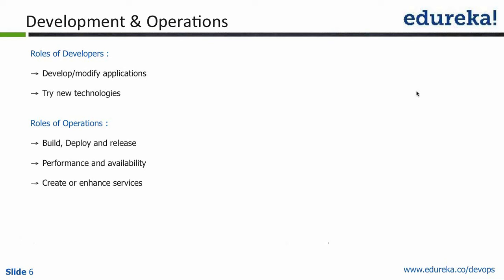Another role for operations, and as I said, this is at a high level, is creating or enhancing services. Services could be internal services for operations, like some automation, or something new that we want to develop to improve application availability and performance, right? So these are again the roles for developers as well as for operations at a very high level.